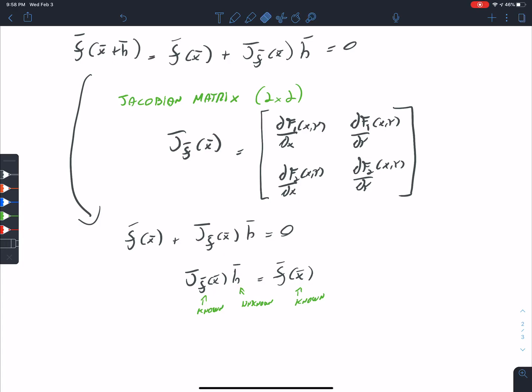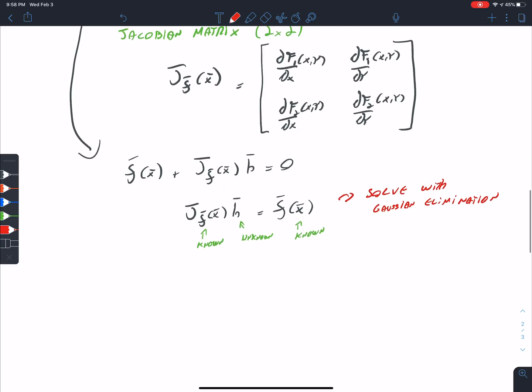So we can solve this with, for example, Gaussian elimination, which is something we covered for linear systems of equations a while back. MATLAB has a function that you can just plug in and play. So does Python.